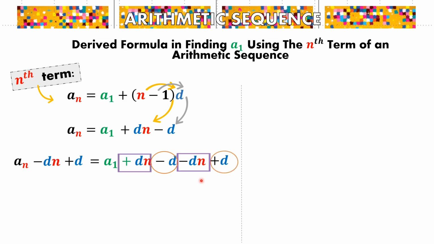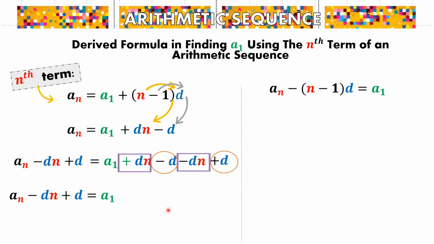So that gives us a sub n minus dn plus d equals a sub 1. Next is to factor out dn plus d.